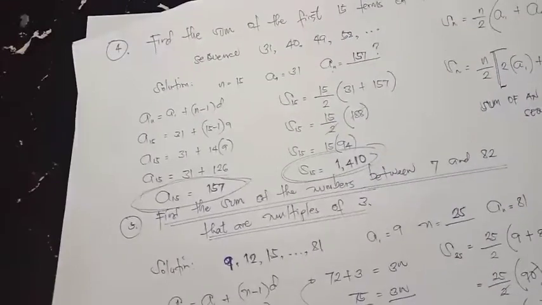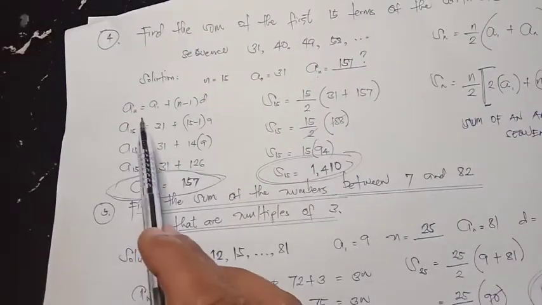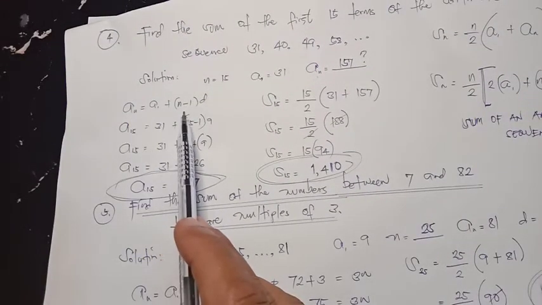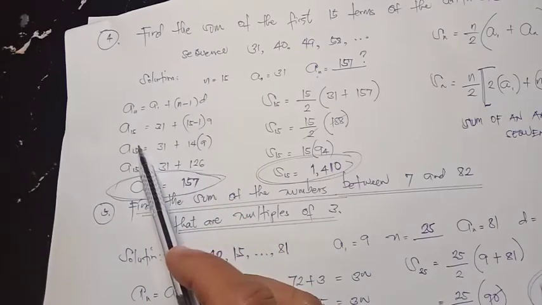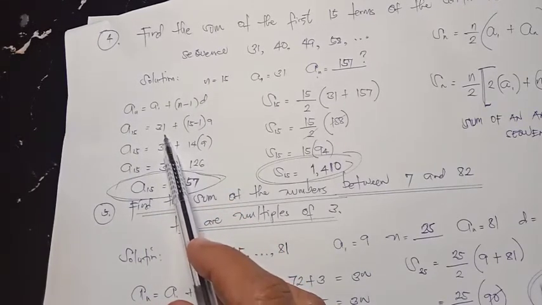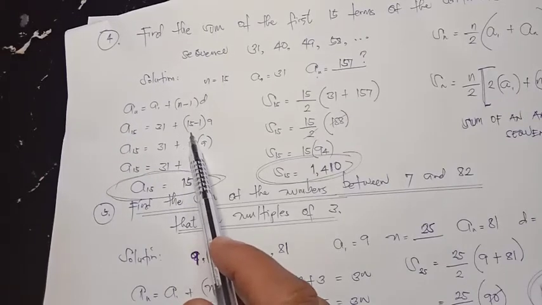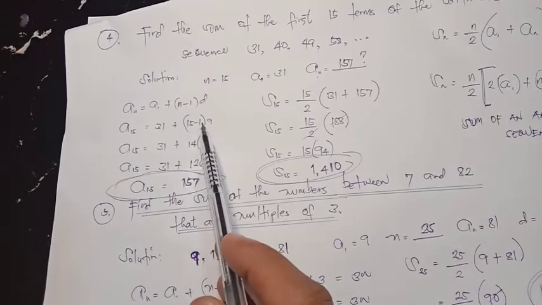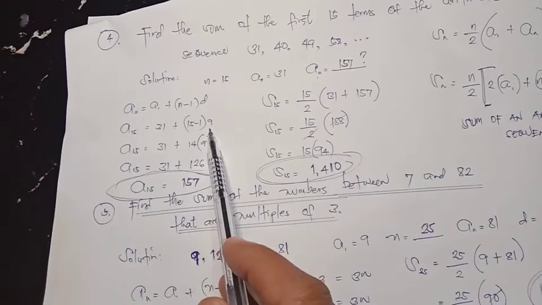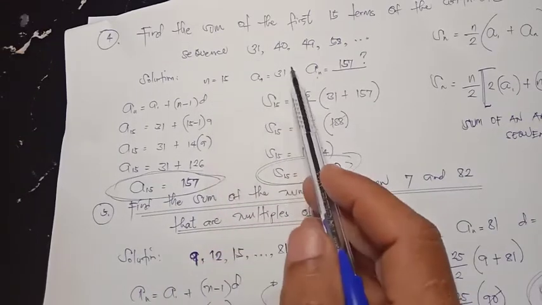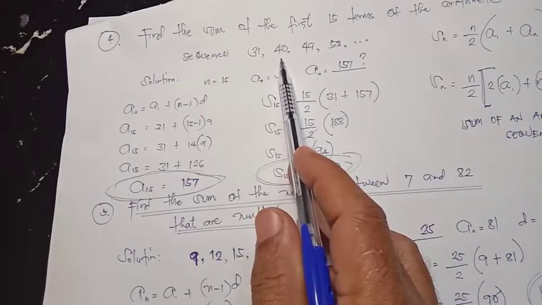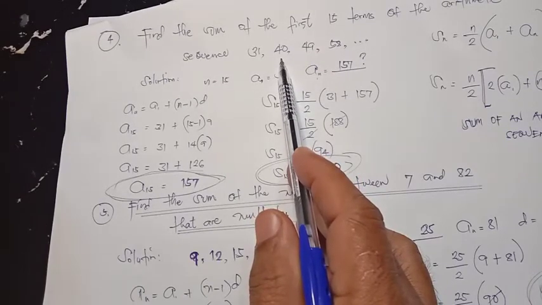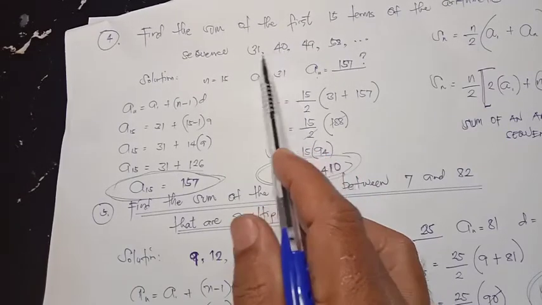So, hanapin natin. Using the arithmetic sequence formula, A sub n equals A sub 1 plus n minus 1 times d. So, A sub 15 is equals to the first term, 31, plus 15 minus 1 times the common difference, 9. You can get the common difference by subtracting the second term by the first term.